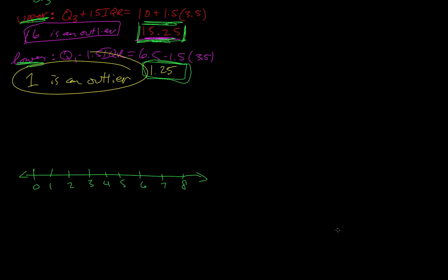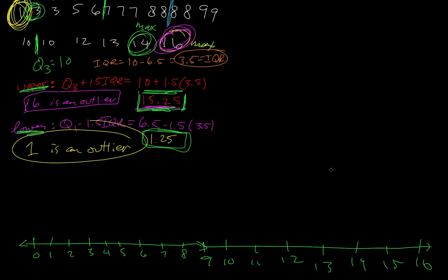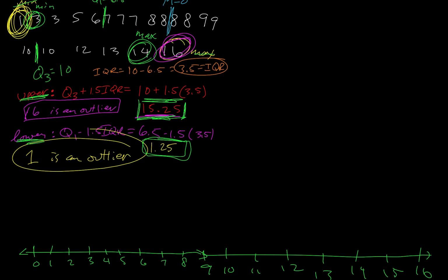So we're going to have to do this. Okay, 8, 9, 10, 11, 12, 13, 14, 15, 16. Alright, that should be enough. Okay, we can look at our stuff right there.